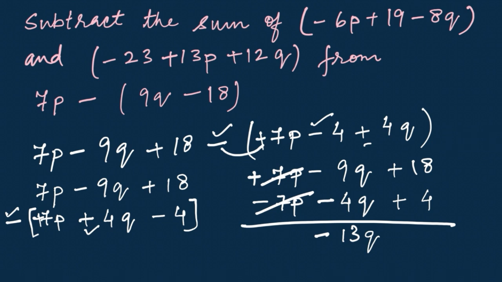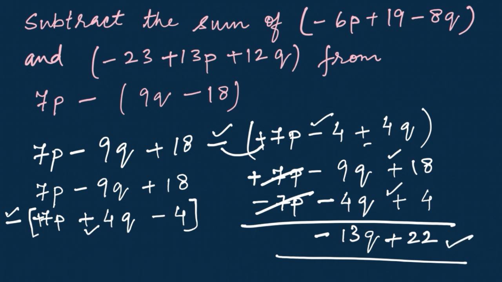Similarly, plus 18 plus 4 is 22, and since both the signs are plus, it will be plus 22. So this is the final answer.